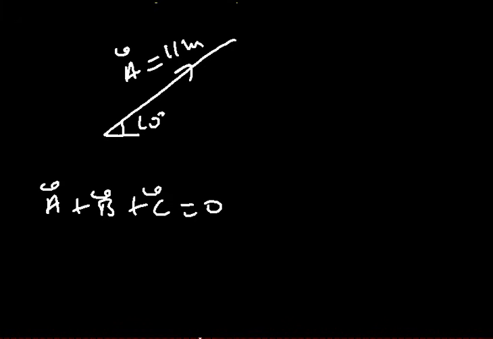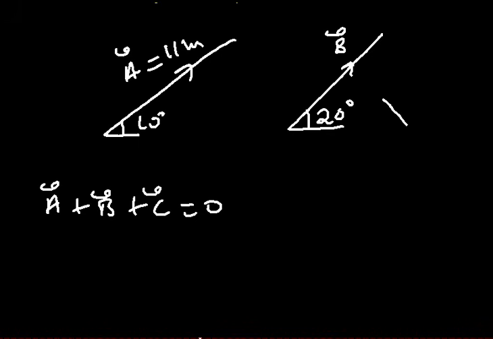In all cases, the principle remains the same. Let's have a case like this. We have a vector B. We don't know its magnitude, but it is at an angle of 20 degrees.